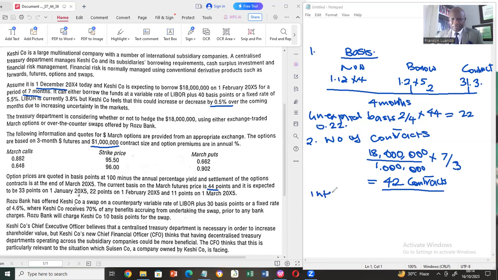When it increases, the current interest rate, we are told, is given here, which is 3.8. So if it increases, it will be 3.8 plus 0.5, which will come to 4.3.